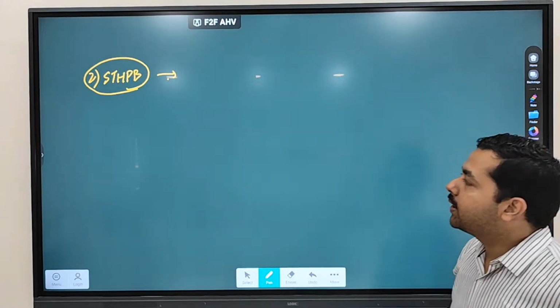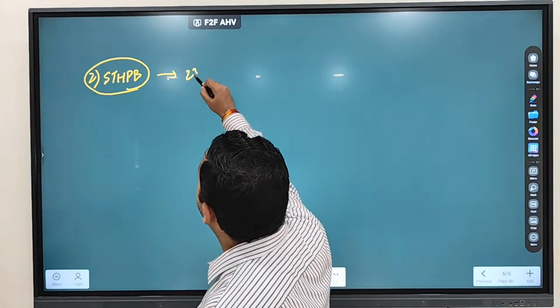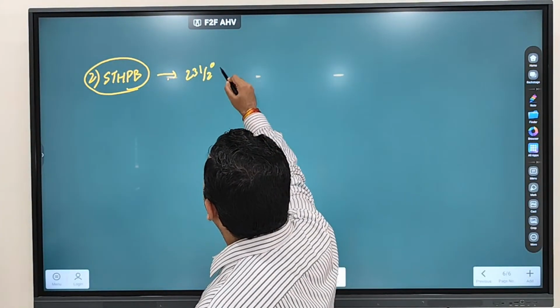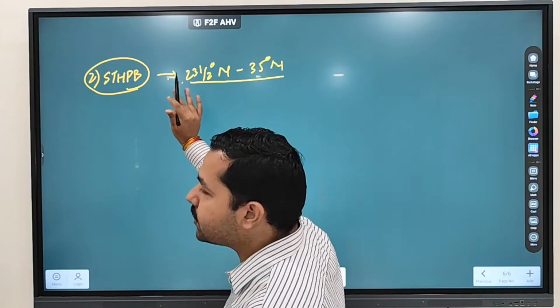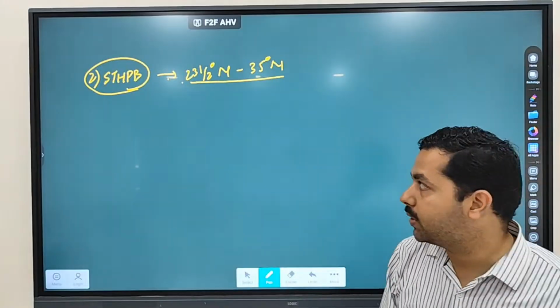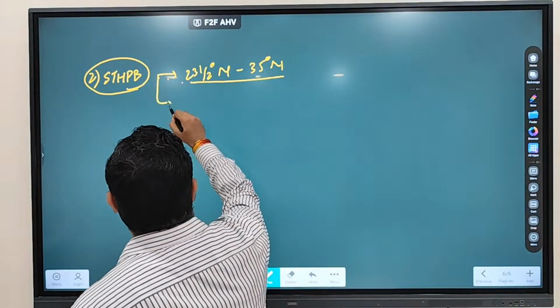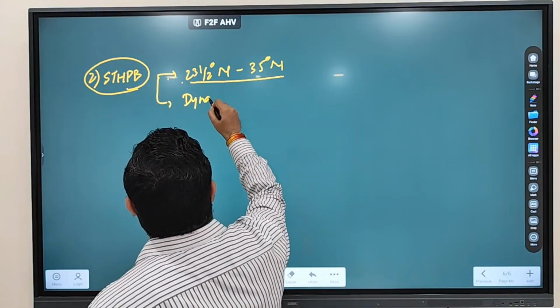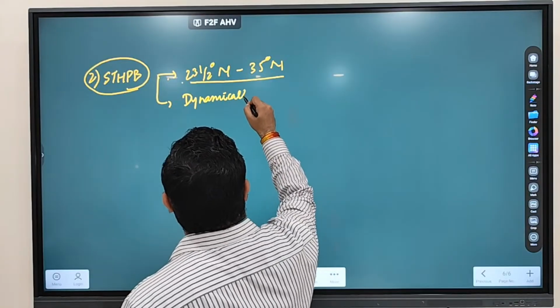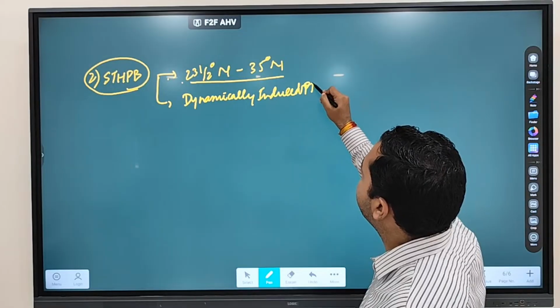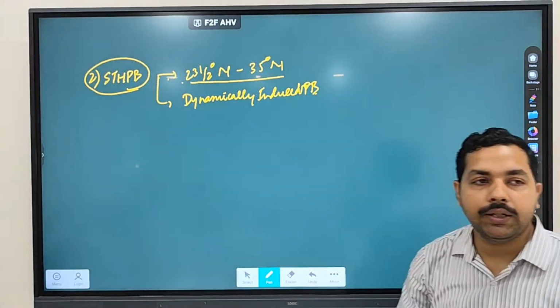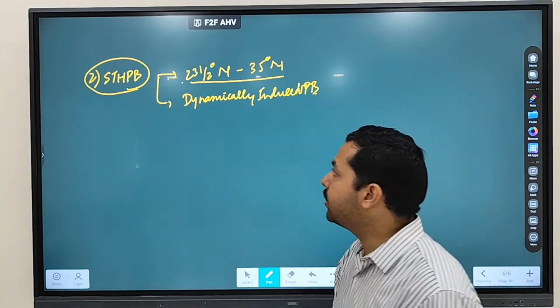Second is the subtropical high pressure belt. It extends from 23.5 degree to 35 degree north. This is the general extension of the high pressure belt. Which type of pressure belt is it? A dynamically induced pressure belt.